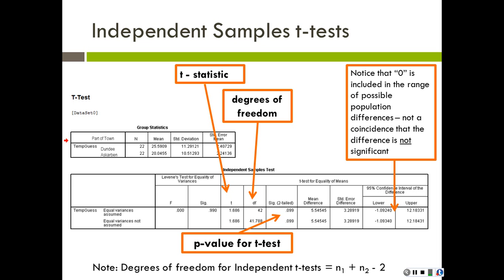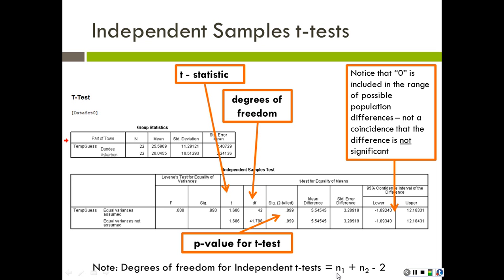In an independent samples t-test, we have 2 groups, so our degrees of freedom is n-2. You just subtract the number of groups. We have 2 groups of 22. You add that up, that's 44 total people in our test. Minus 2 for the 2 groups is 42. That's how you calculate the degrees of freedom for this test.